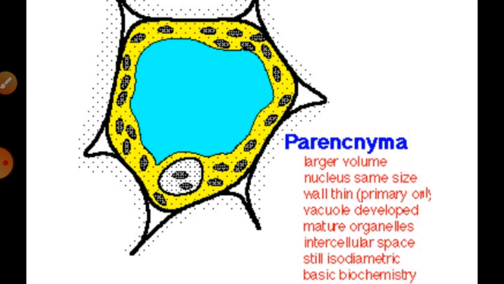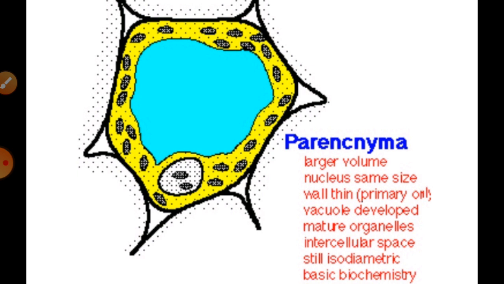And these are also capable of providing buoyancy in aquatic plants, which means they are able to float easily in the water because of that parenchymatous tissue. We can also say the parenchyma cells associated with xylem and phloem help in the conduction of water and food materials, right?